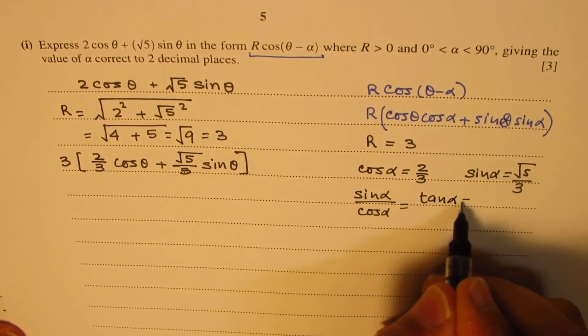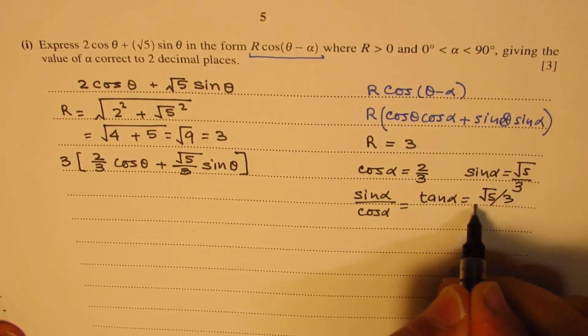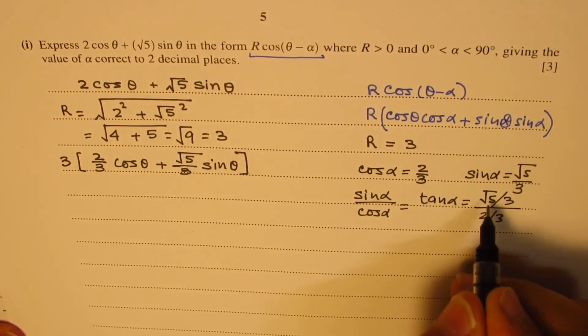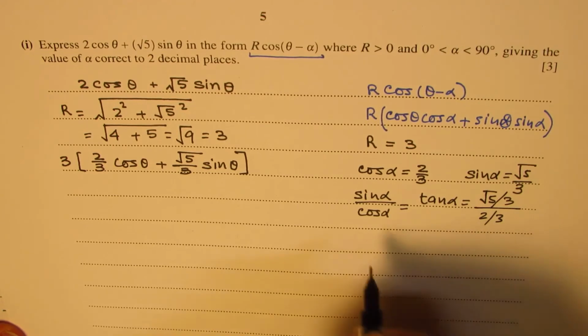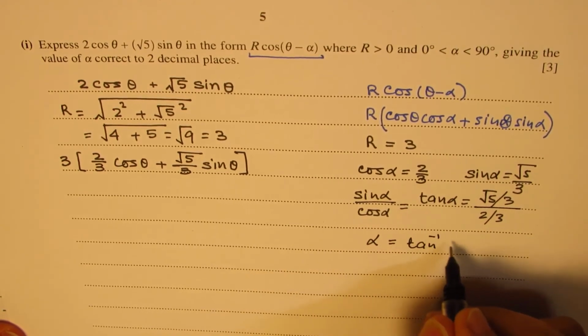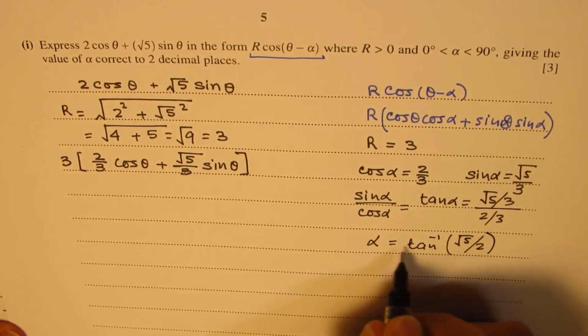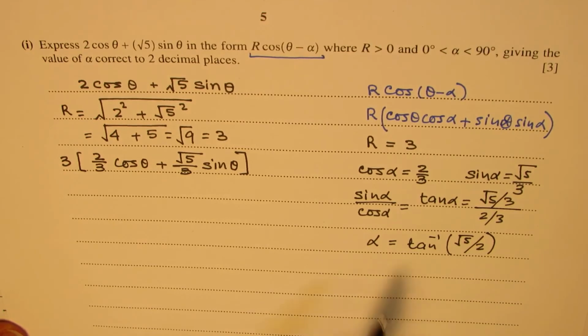Tan alpha will be equal to square root of 5 over 3 divided by 2 over 3, so that is square root 5 over 2. So we get alpha as tan inverse of square root 5 over 2, correct? So that is how we can get the value of alpha.